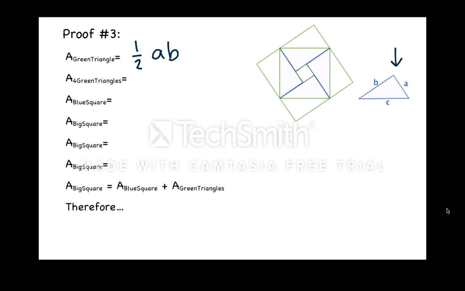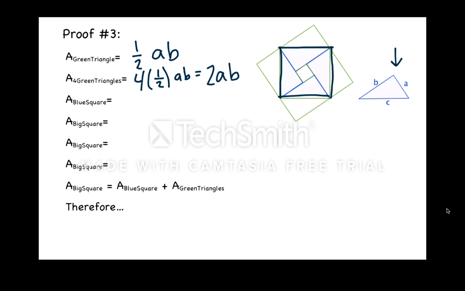Pattern is still continuing from the first and second proof. Now the area of all 4 triangles, I'm going to multiply the area of one triangle times 4. So 4 times 1/2 AB simplifies down to 2AB. So now I want to find the area of this blue square that's in the middle.